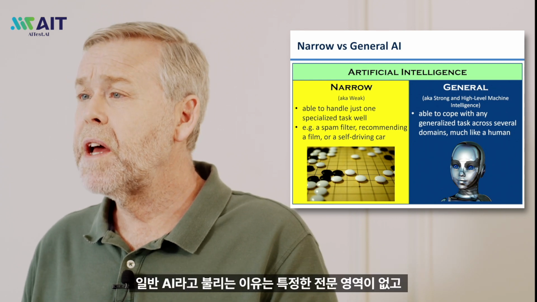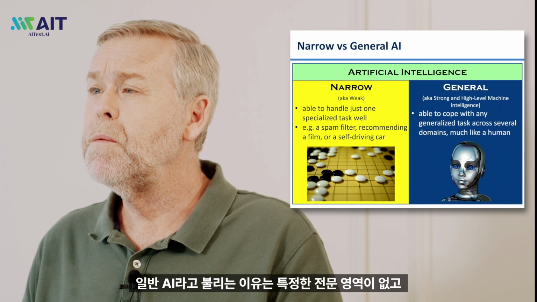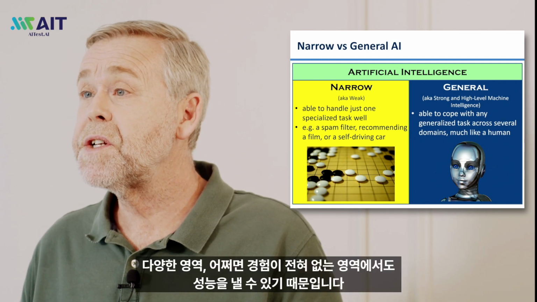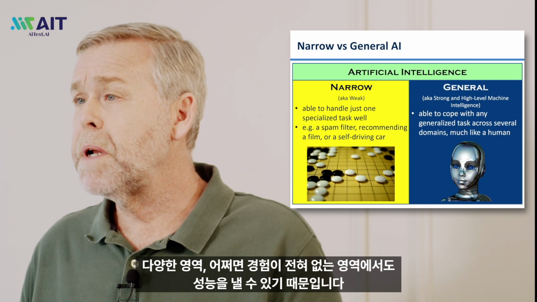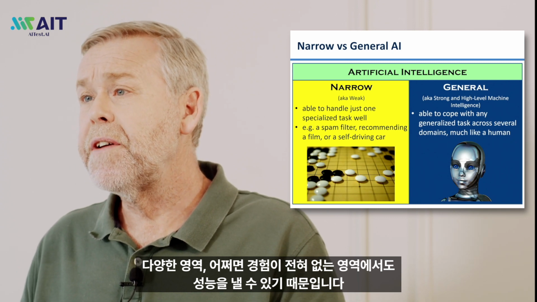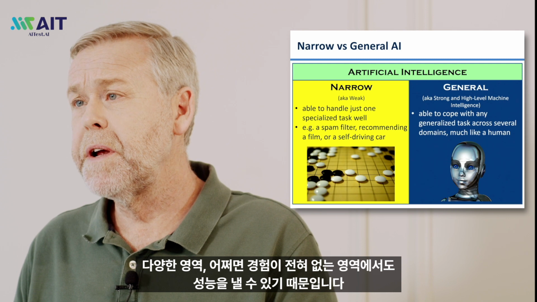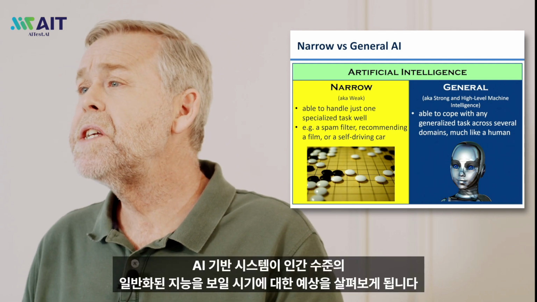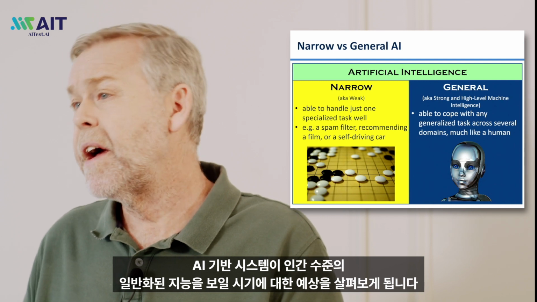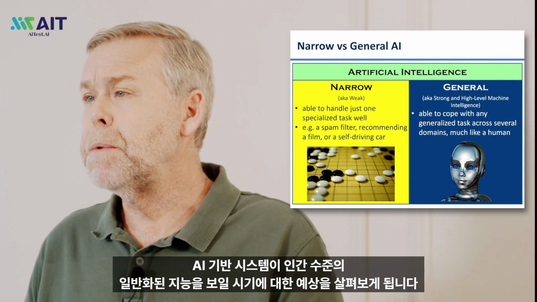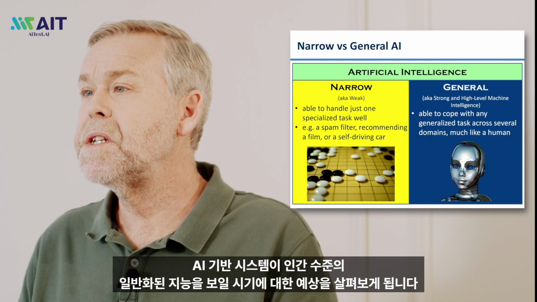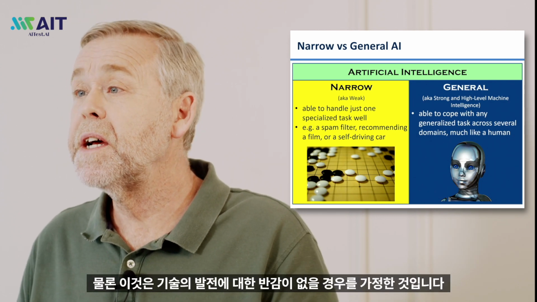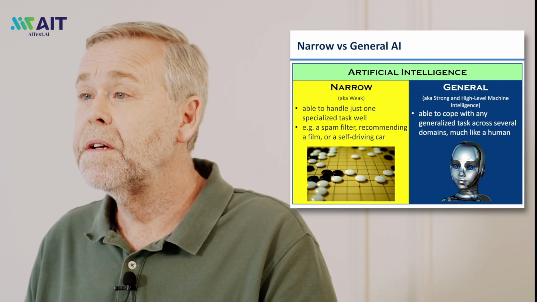It is called general AI as this form of AI will not have specialist skills, but will be able to generalize its skills and perform in multiple areas, even in areas where it has no prior experience. On the next slide, we will get an idea of when we can expect to see AI-based systems capable of human-level generalized intelligence, assuming, of course, that there is no backlash against the technology.